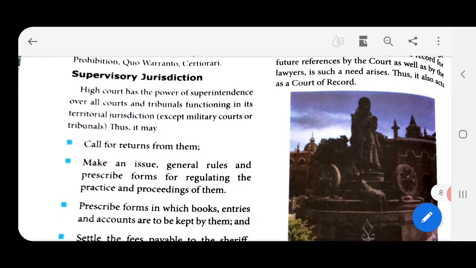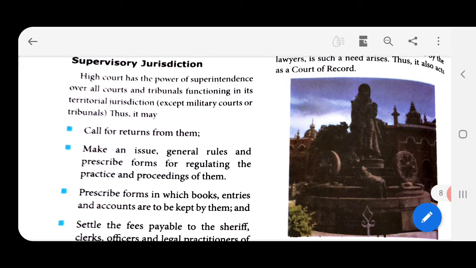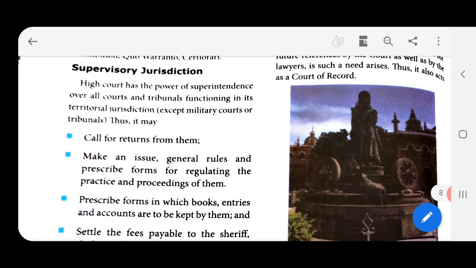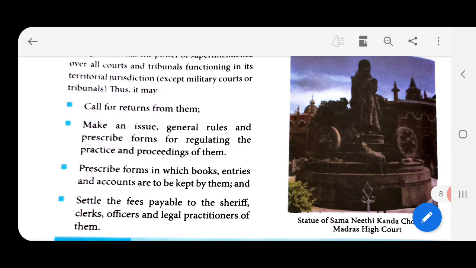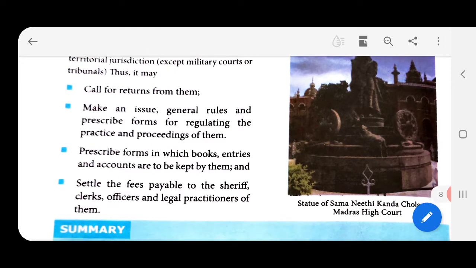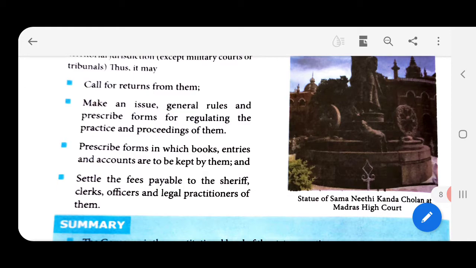Supervisory jurisdiction. High Court has the power of superintendence over all courts and tribunals functioning in its territorial jurisdiction, except military courts or tribunals. So, just now we learnt the High Court has all the powers when it comes to the courts and tribunals, but it cannot intervene with military courts. Thus, it may call for returns from them, make and issue general rules and prescribe forms for regulating the practice and proceedings of them.